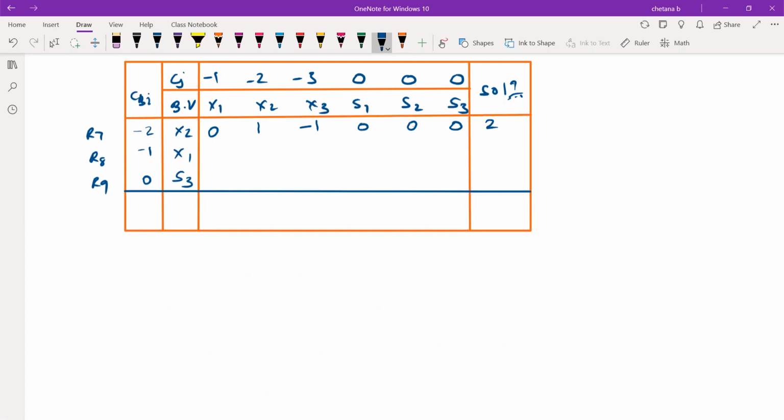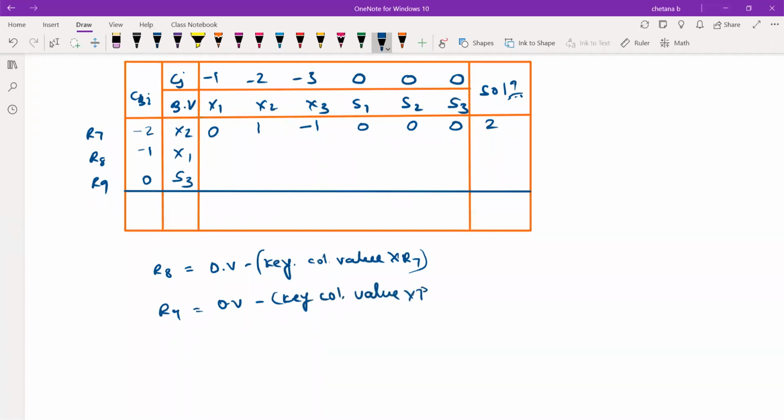So for R8 and R9, you need to apply this equation: old value minus key column value into R7.